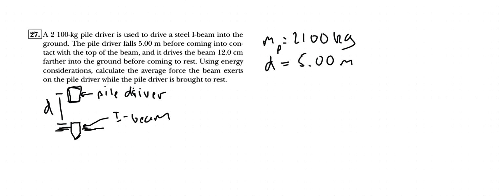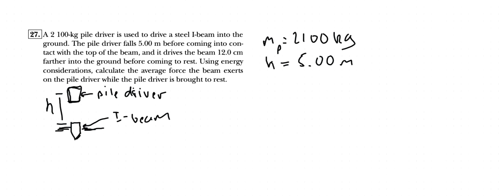Okay, and when it falls 5.00 meters, you know what? Actually, I have a better idea. This I'm going to call H. You will see why in a second. It's more communicative. So I'm going to call this H, height.